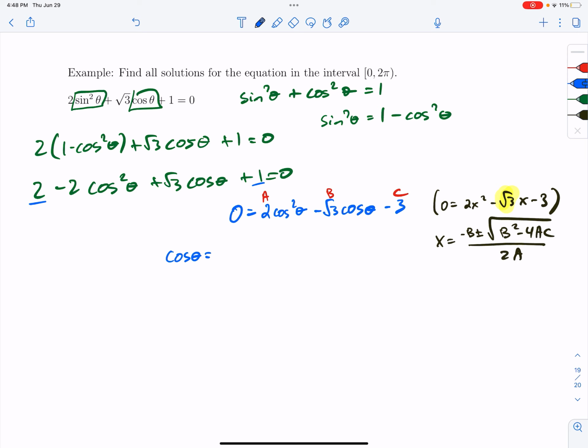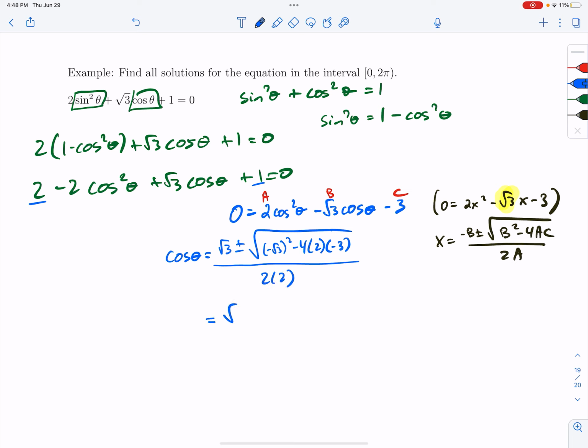So cosine theta equals opposite of b. So opposite of negative square root 3, so that'll be positive square root 3 plus or minus square root b squared minus 4. A is 2. C is negative 3. All over 2 times a. We have negative root 3 plus or minus. Negative root 3 squared is just 3.